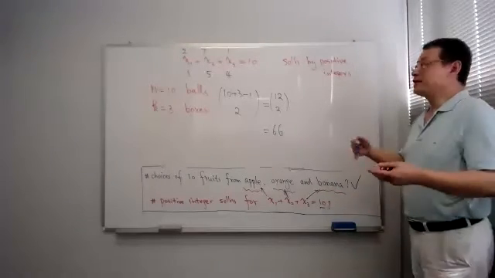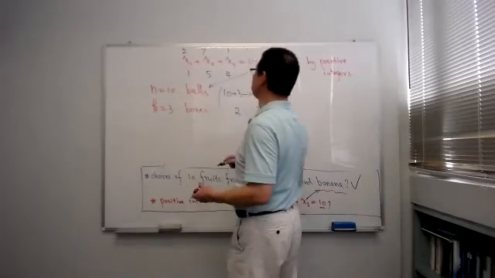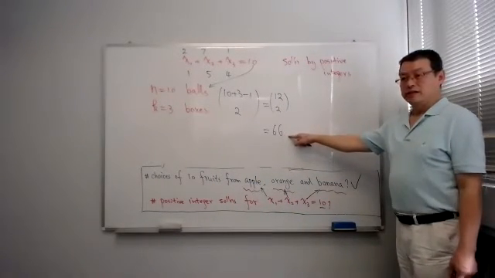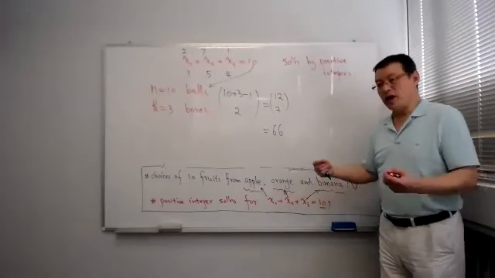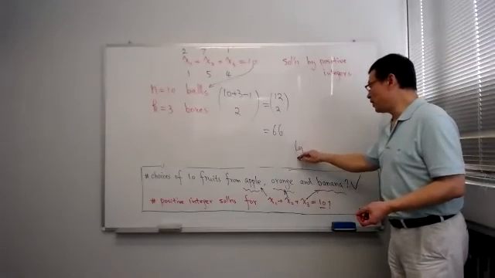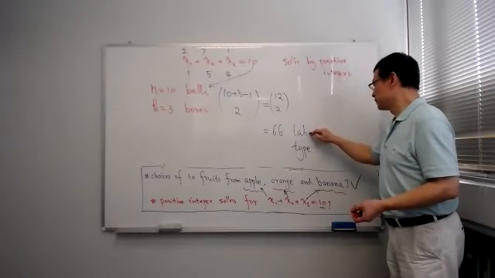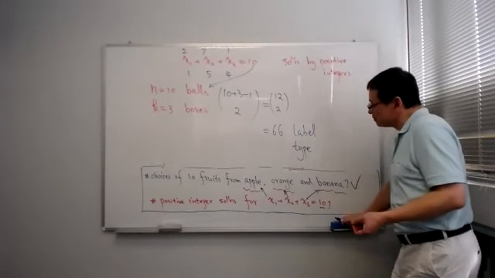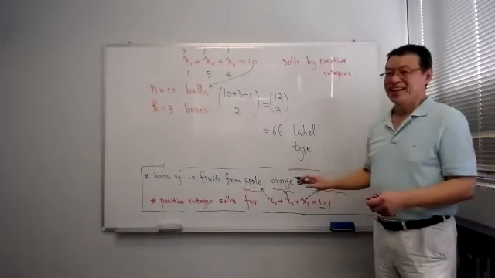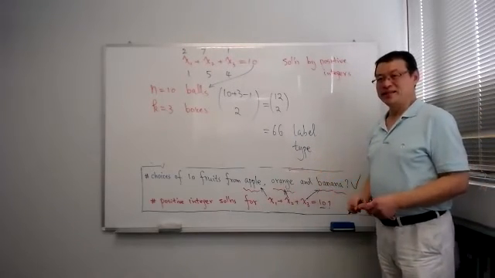So again it's 10 balls and 3 boxes, and the solution will be exactly the same. These are just the labels of the boxes. So these are really the same.